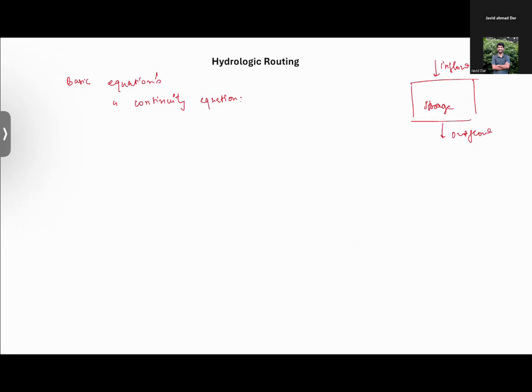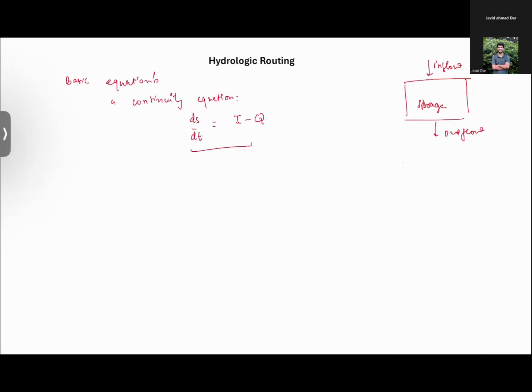So the continuity equation is that the change in storage with time will be inflow minus outflow. If we are doing this between T1 and T2, then the continuity equation can be written as delta S upon delta T equals I bar minus Q bar, where I bar is the average value of inflow between T1 and T2, and Q bar is the average value of outflow discharge between time T1 and T2.